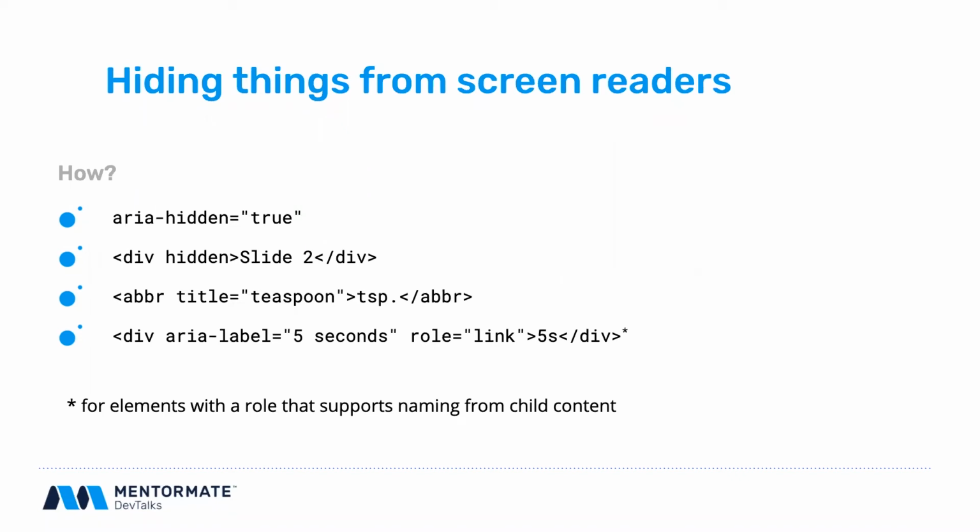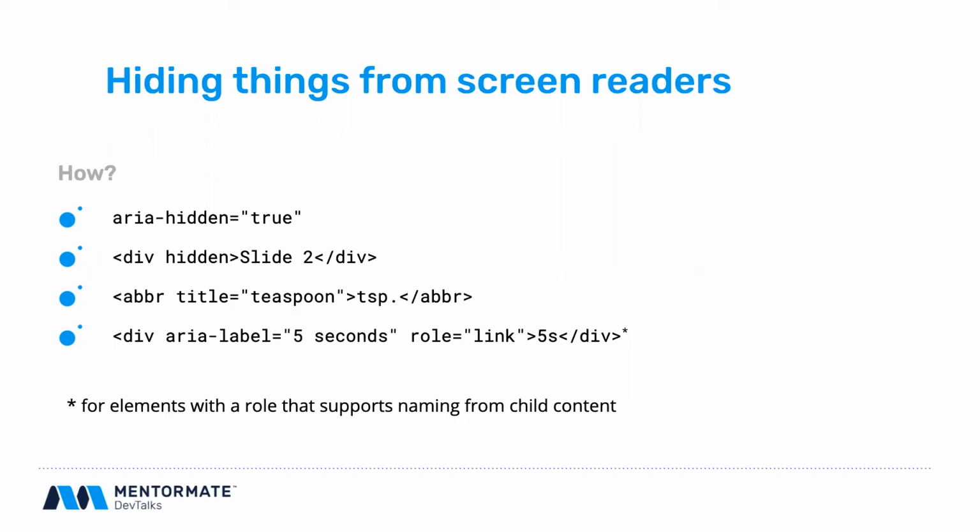And this is also the same as having display none in your style sheets for that specific element. But keep in mind that this would hide the element from both screen readers and regular users. So use it with caution.